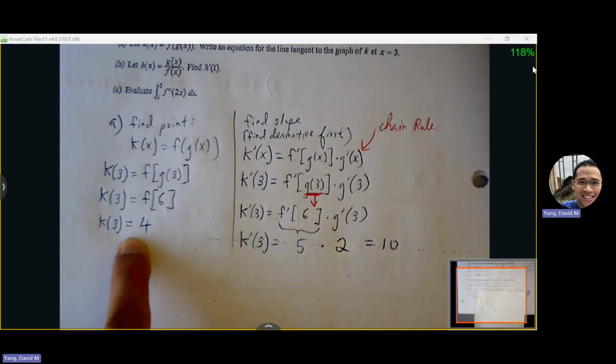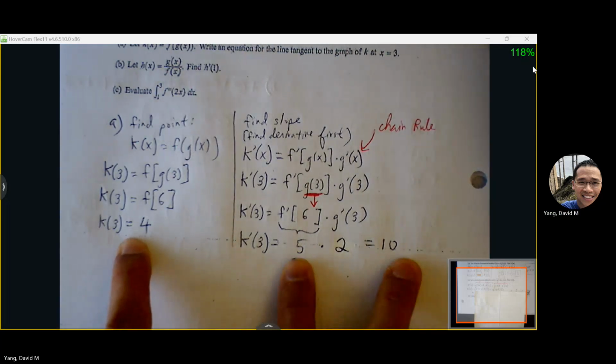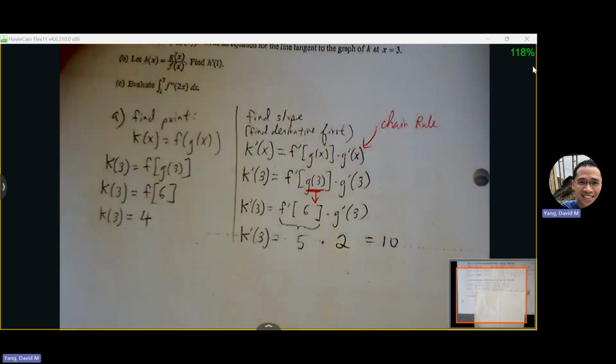Okay, I have my ordered pair, I have my slope, and then put it all together in point slope form.